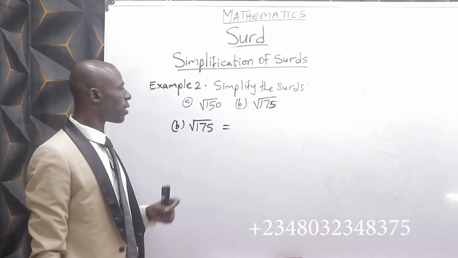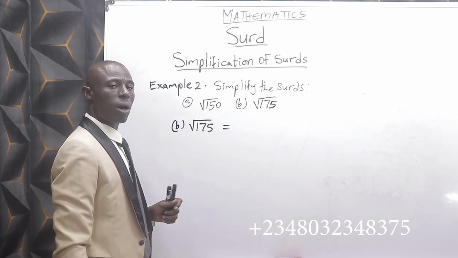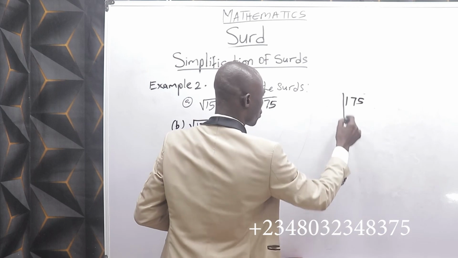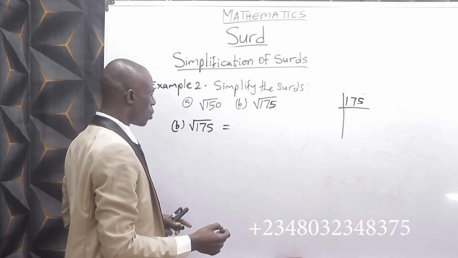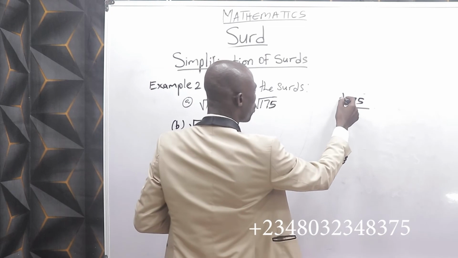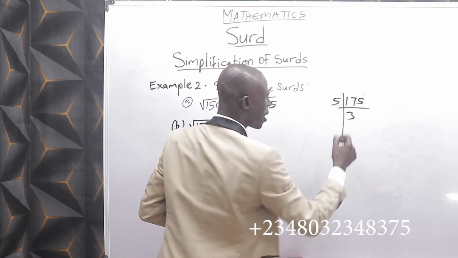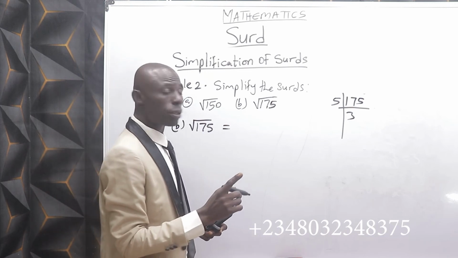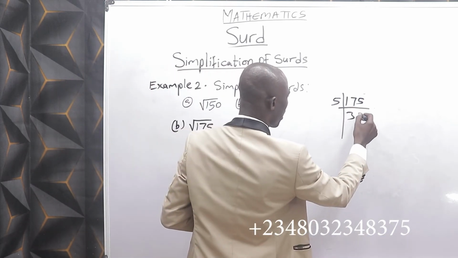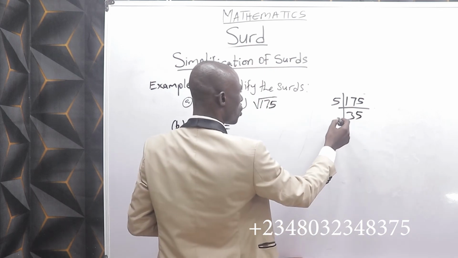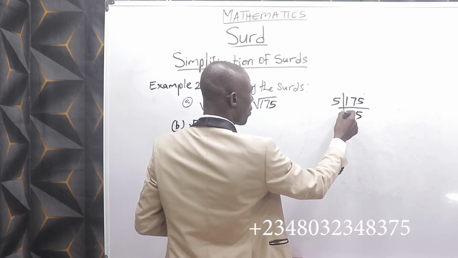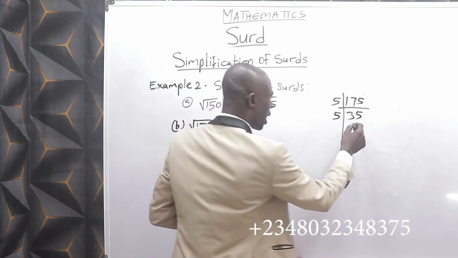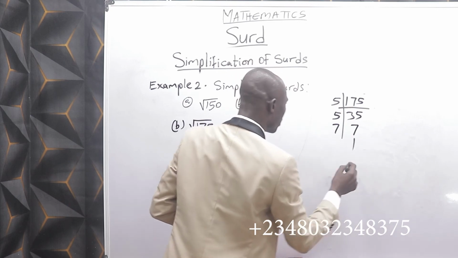To question B of example 2. Square root of 175. You break 175 into factors. 5 goes in 17, 3 times, leaving 2. So 5 in 25, 5. 5 goes also again in 35, 7 times. 7 in 7, 1.